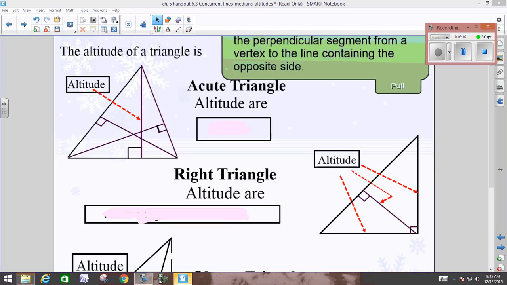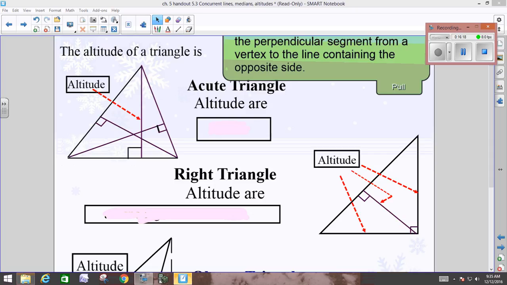By definition, the altitude of a triangle is the perpendicular segment from the vertex to the opposite side.